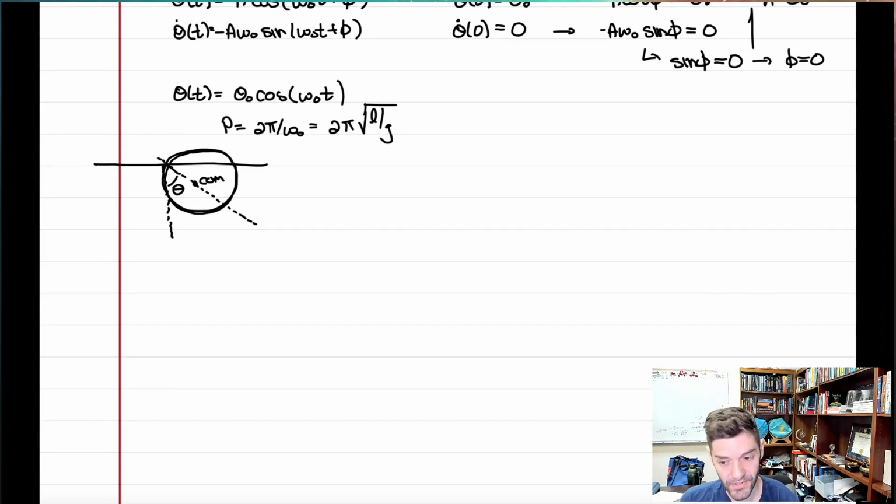This is not a simple pendulum, but I could ask myself, is it still the case where this hoop is going to undergo simple harmonic motion in some way? I'm going to solve this using torque. I think of it in terms of angular momentum, but let's think of it in terms of torque.